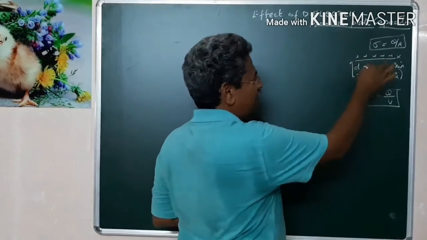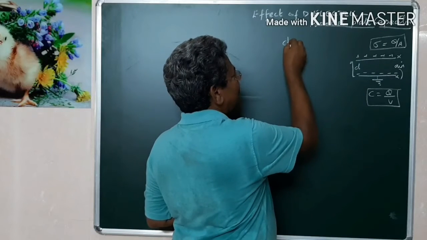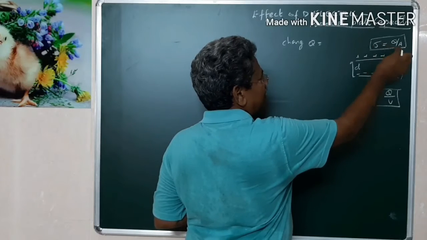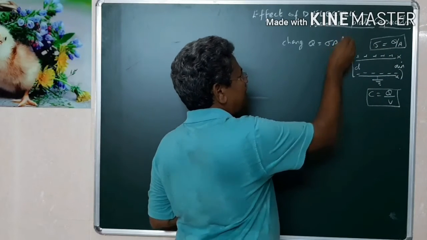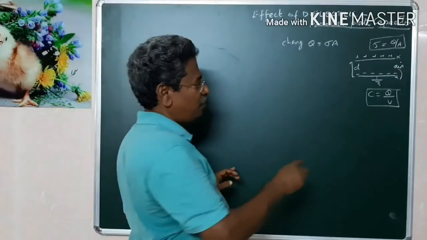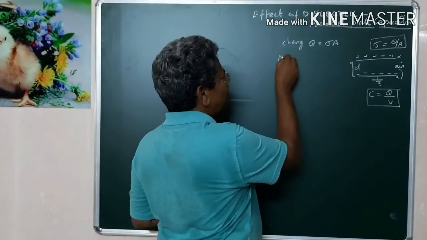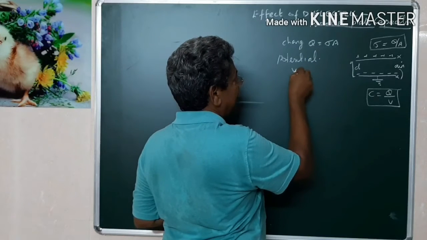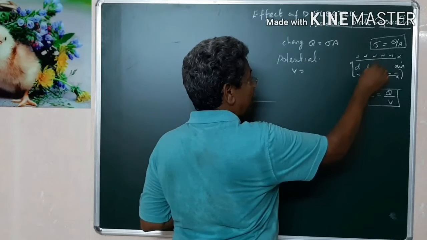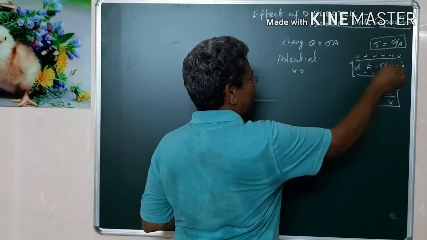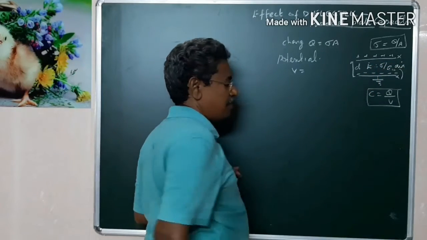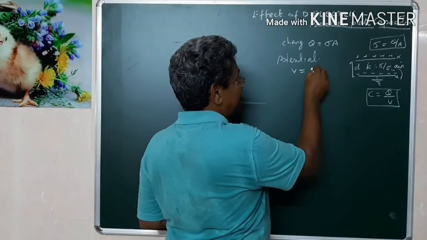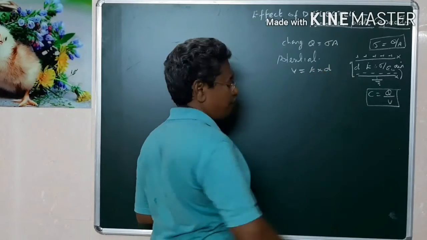Now, for this arrangement, we know that the charge Q, in terms of charge density, we can write as sigma A. Next I have to find the potential between the two plates. We should keep in mind that if the electric field between the two plates is uniform, constant, here sigma by epsilon, then potential can be written as electric field into distance between the two plates.